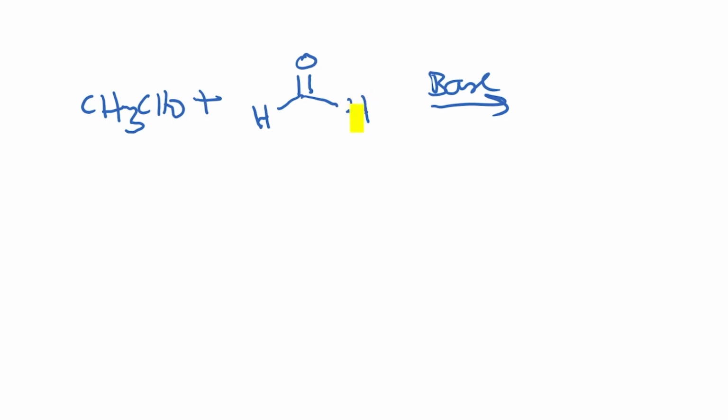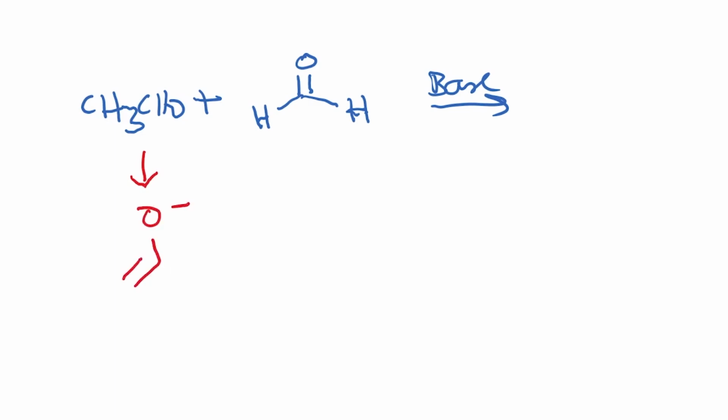So this hydrogen is not enolizable, this hydrogen is not enolizable. So this aldehydic hydrogen is also not enolizable. So the only enolizable hydrogen here is this one in the acetaldehyde. Okay, so now let's say that this undergoes enolization and it forms this enolate.